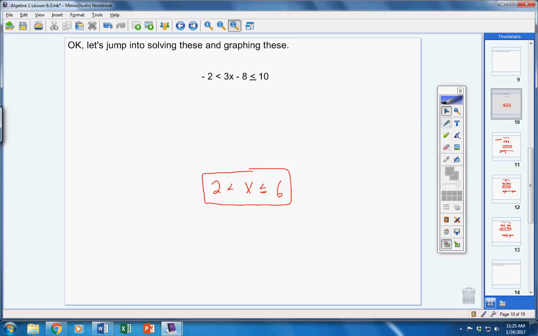See it? What if I asked you to write that with words? You would say x is greater than 2, and then you put the word "and", it's a conjunction, and less than or equal to 6.